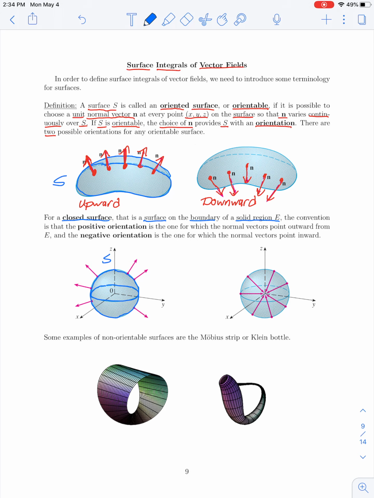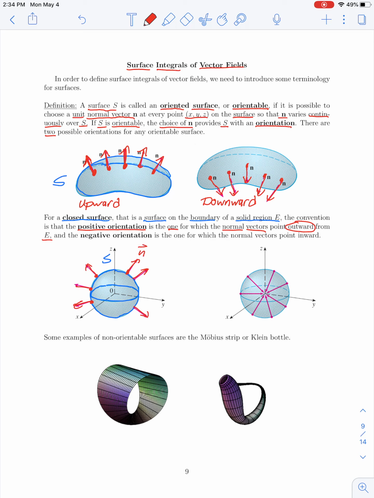And these closed surfaces, most of the time, are orientable. In our course, all the surfaces we work with will be orientable. And the convention that we use for a closed surface is that the positive orientation is the one for which our unit normal vectors will point outward from the solid region E. So what we have here in this left-hand figure for our sphere is a set of unit normal vectors for given points on our sphere.